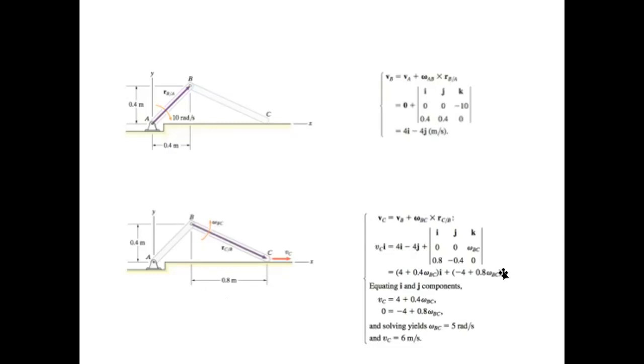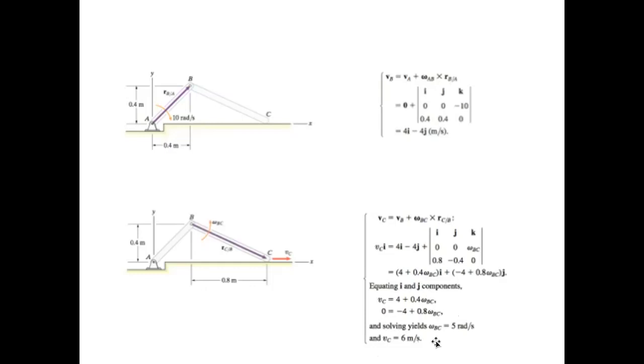From the problem, we know that point C slides on the horizontal surface. So the VC in the j component is equal to 0. So from this equation, we can find omega BC. After we substitute into this equation, we can find VC. The VC is 6 meters per second and omega BC is 5 radians per second.